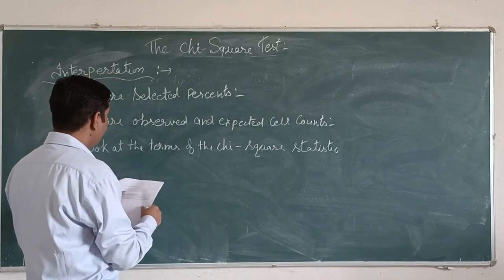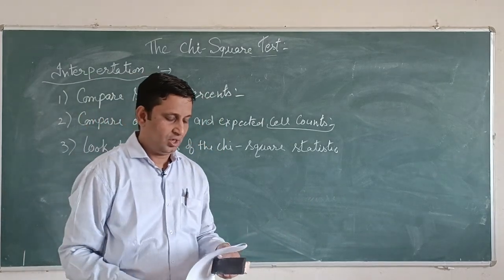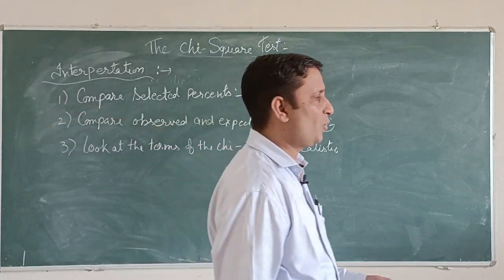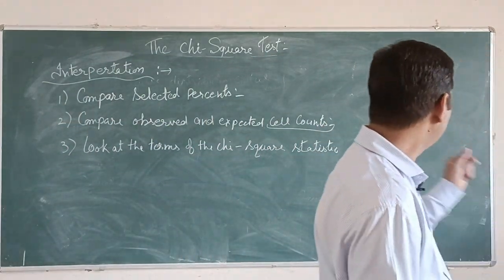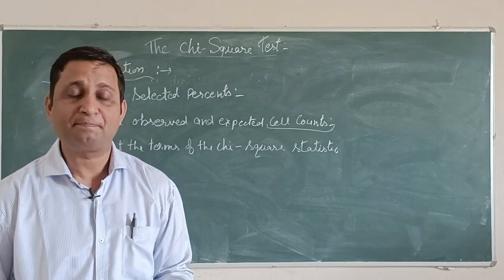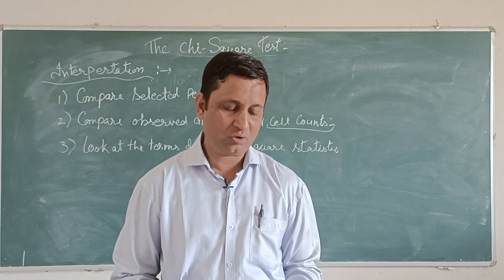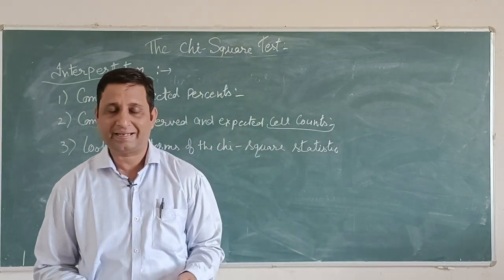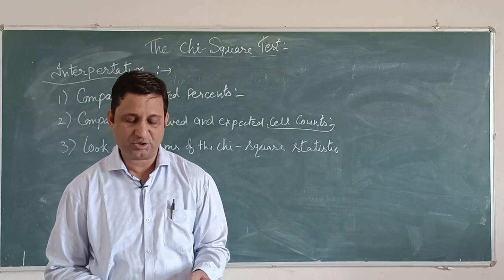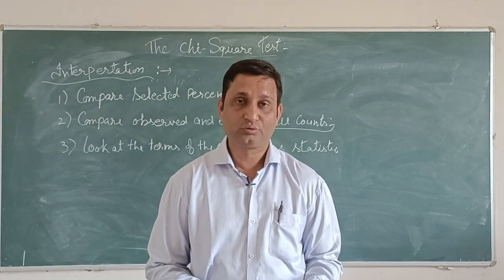Now we will go to the cell count requirement for the chi-square test. Why is the cell count required? The chi-square test is an appropriate method that becomes more accurate as the counts in the cells of a table get larger. Therefore, it is important to check that the counts are large enough to result in a trustworthy p-value.